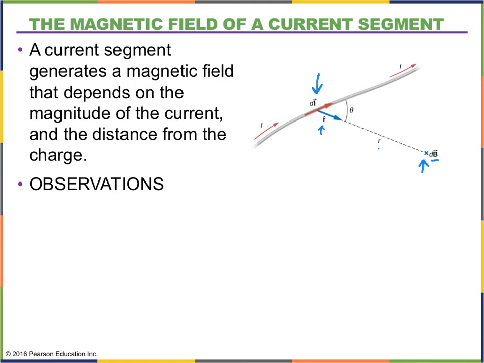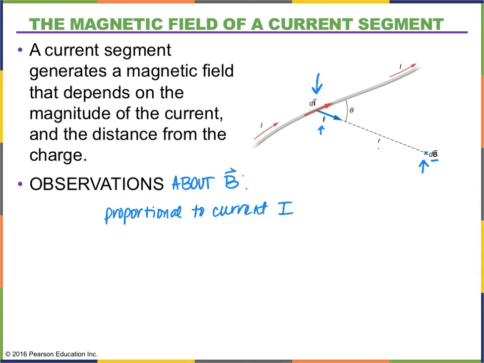Okay, so in order to figure out how we would use all this information to calculate the magnetic field caused by that piece of wire, we need to make some observations, like how big is the magnetic field, what causes it to increase, what's the direction, etc. One of our observations is that the magnetic field is going to be proportional to the current.